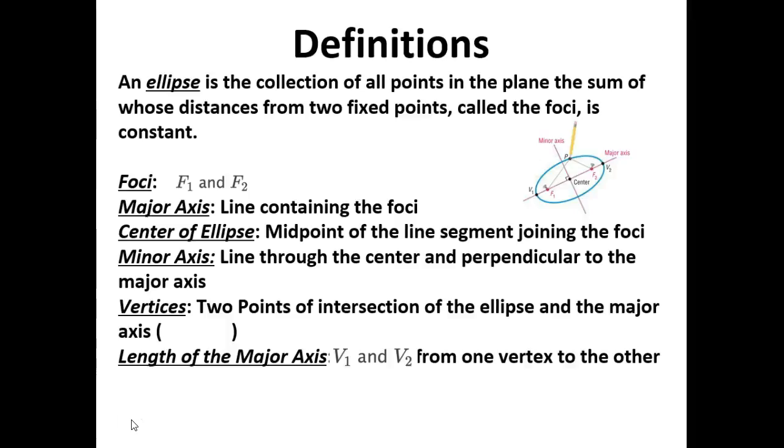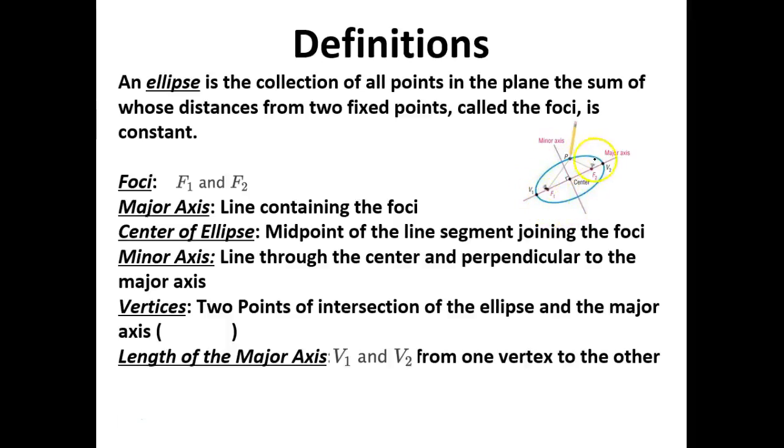So what that means is, imagine taking two fixed points here, which are the foci, and then having a string that would go around this pencil and back to the foci. So run a string from here around the pencil into the foci, and then take this pencil and just gradually move it, keeping the string taut.